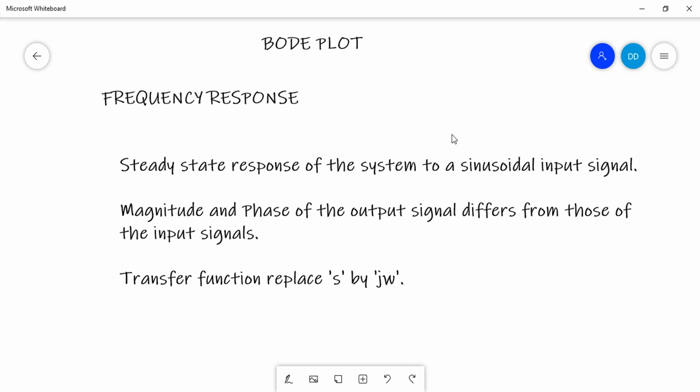So this magnitude and phase angle can be graphically plotted. So the types of plots used for frequency response analysis are Bode plot, polar plot, Nyquist plot, M and N circles, Nichols plot. So we will discuss here regarding Bode plot.